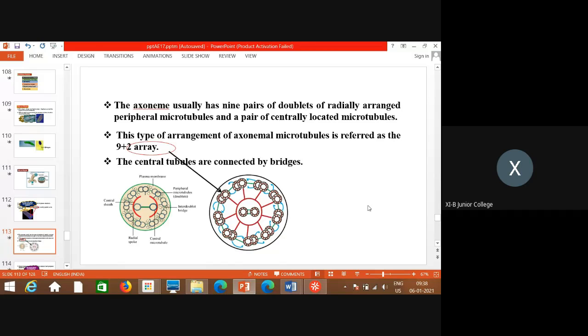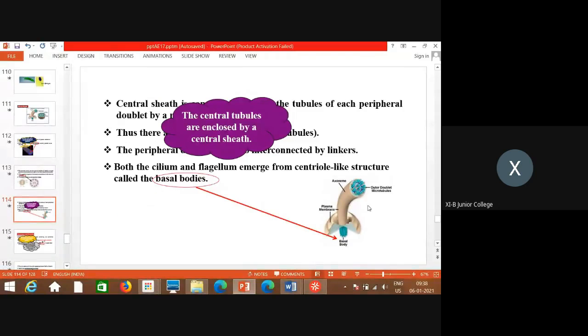The central tubules are enclosed by the central sheath. This core part, the axoneme, is covered by a sheath, the plasma membrane. Both the cilium and flagellum emerge from a centriole-like structure called the basal body. This is the basal body, the base of the cilium and flagellum, from where it arises with the core as axoneme and its surrounding sheath.